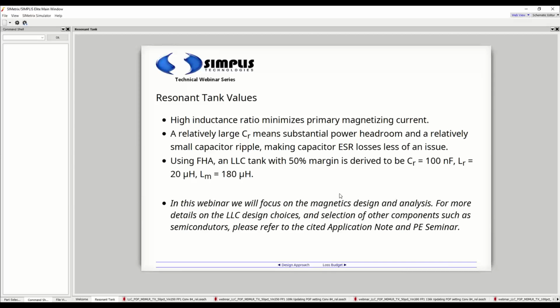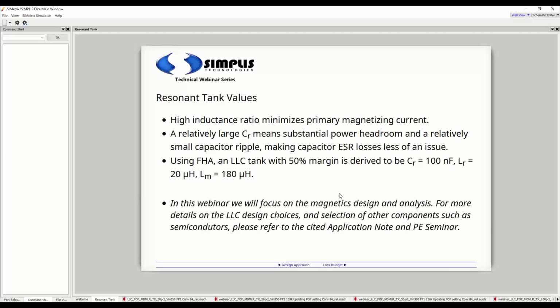Some notes on the resonant tank values that were picked for this converter. A high inductance ratio between the magnetizing inductance and the resonant inductance minimizes the primary magnetizing current. A relatively large resonant capacitance gives us substantial power headroom and a relatively small capacitor ripple, making capacitor ESR losses less important.